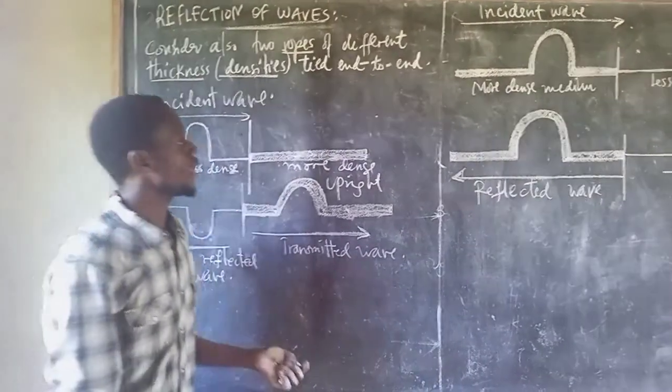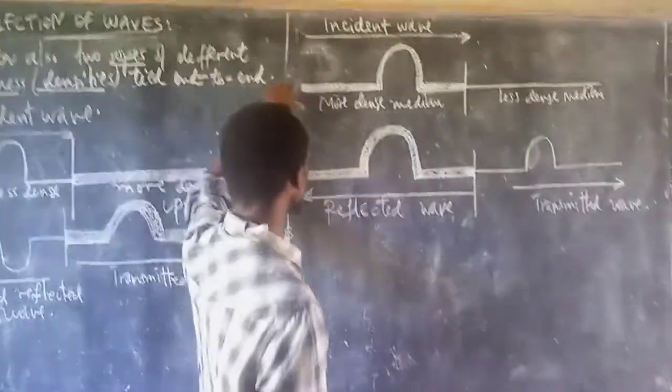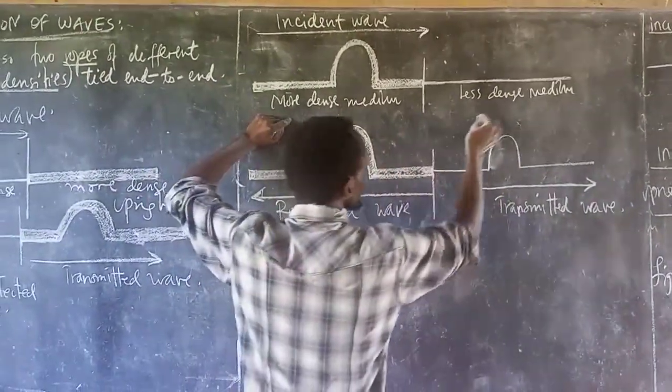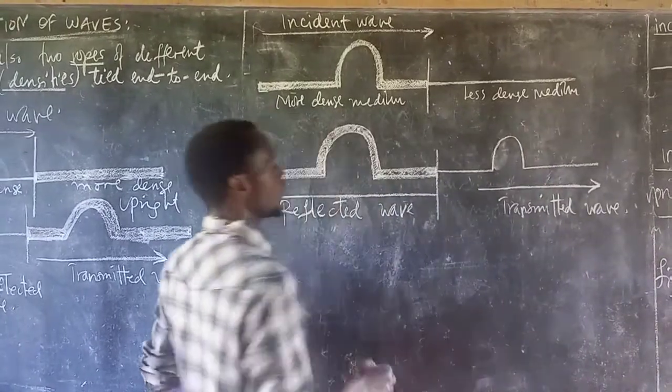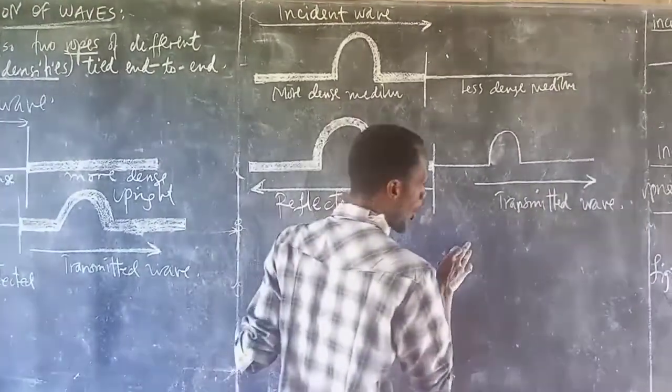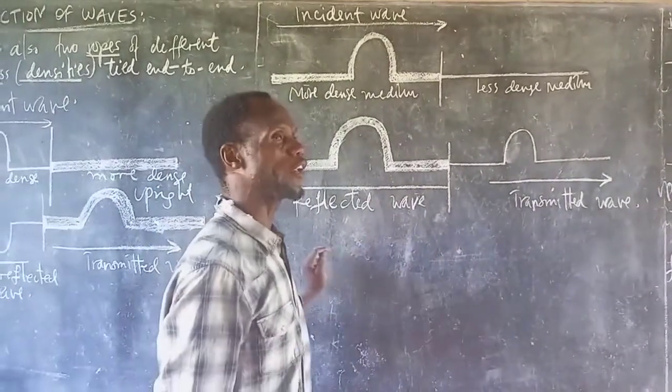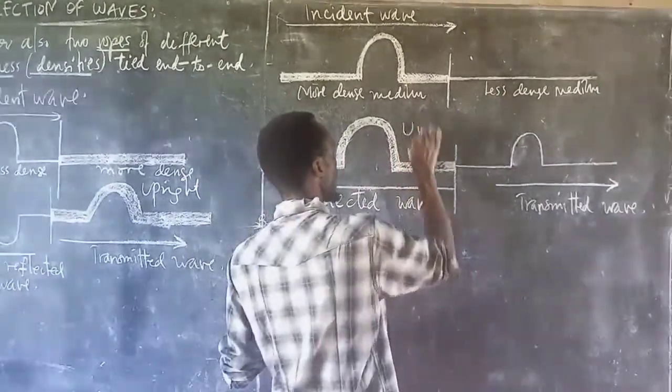But if the wave is propagated from the more dense medium to less dense medium, both the transmitted wave and the reflected wave are not inverted, which means they are upright.